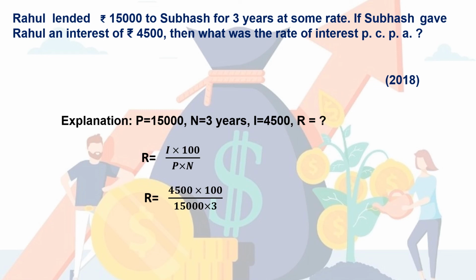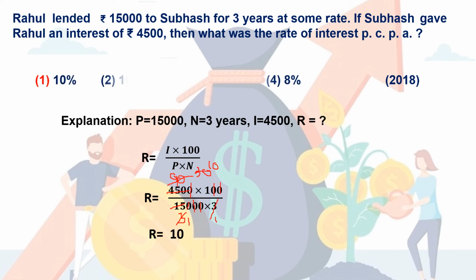If you keep on cancelling, the 0 and the 0 get cancelled. 5 3s are 15, 5 9s are 45, 3 1s are 3, 3 3s are 9, and so on. So what are we left with? We are left with 10. So the rate of interest is 10% per annum.